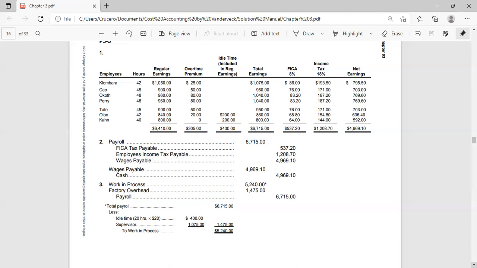Khan has no overtime. So the idle time is included in regular earnings. The idle time is included.